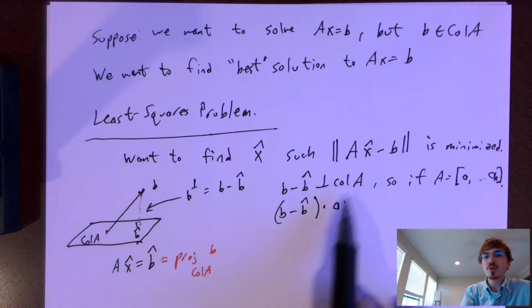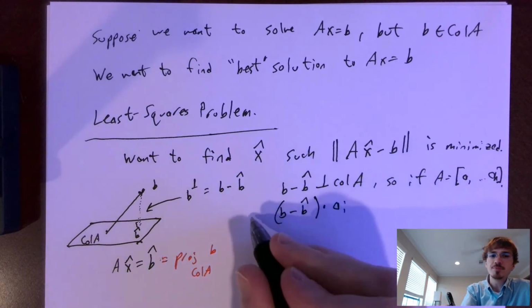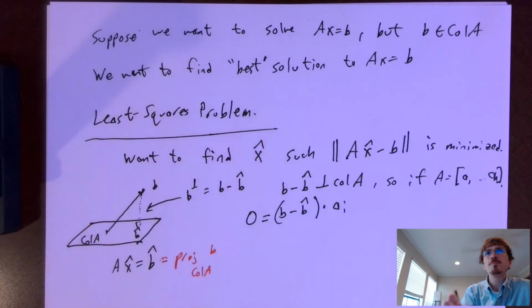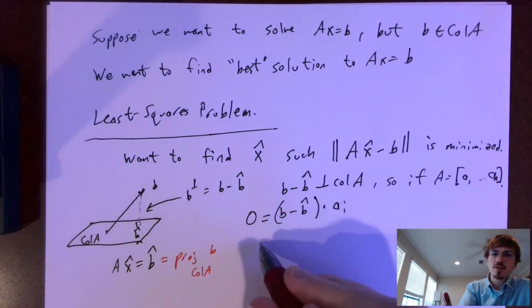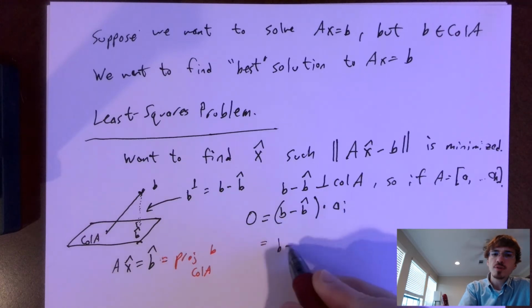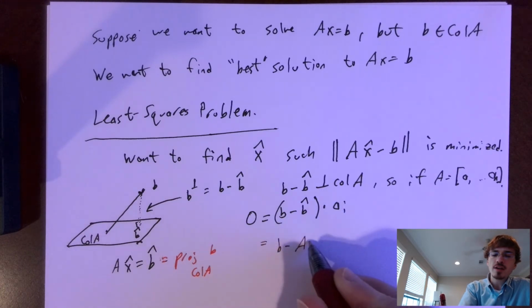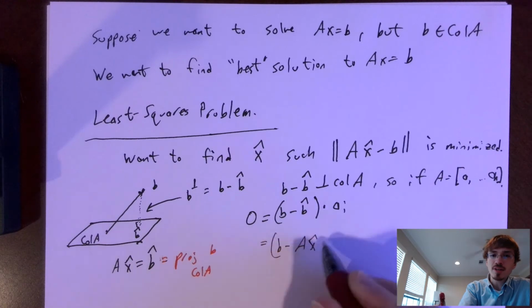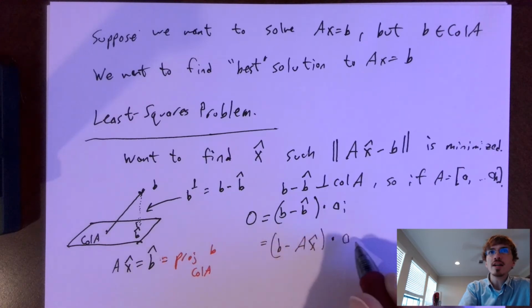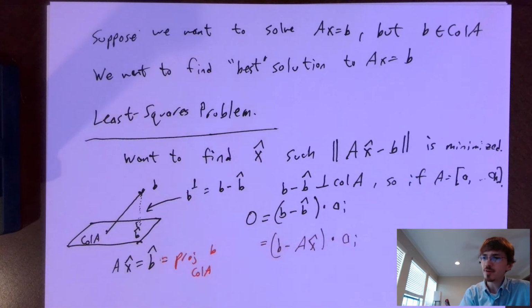If it's orthogonal to the column, then this dot product has to be 0. That's okay. Now, what is b hat? b hat is equal to A times x hat. So we get (b minus A x hat) dot a sub i has to be 0, right?